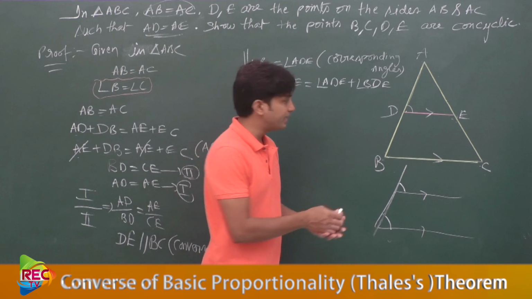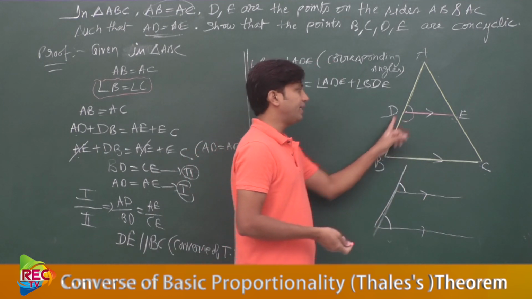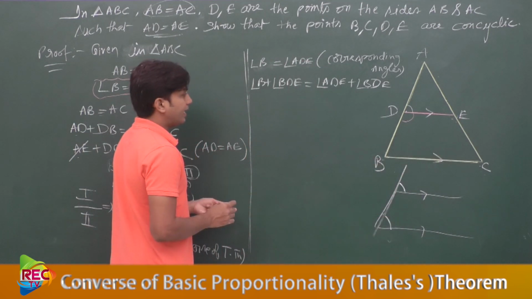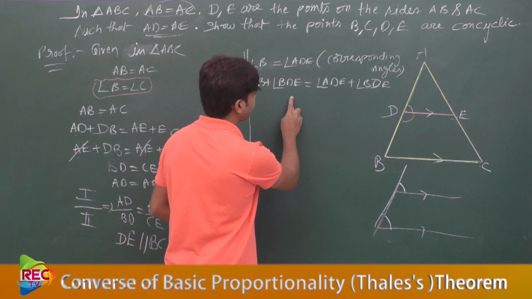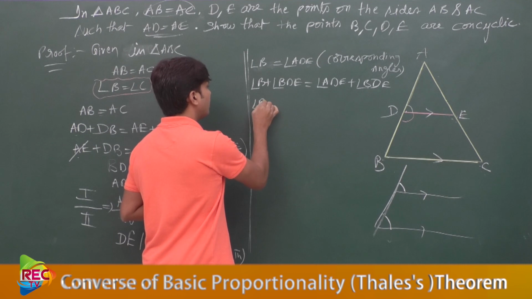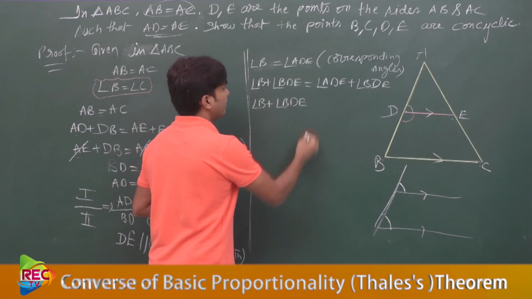Which one is angle BDE? This is angle BDE, exactly. We added it on both sides. Angle B plus angle BDE equal to, so write down angle B plus angle BDE equal to.